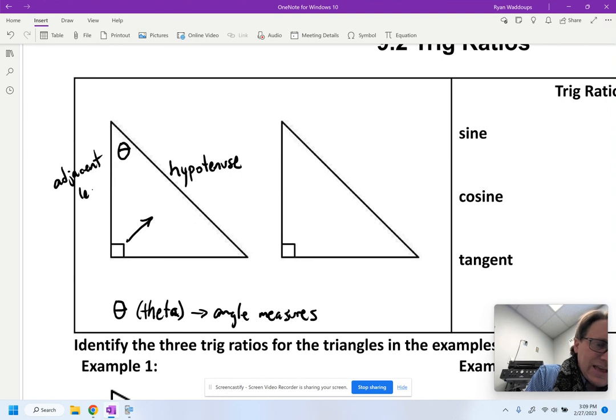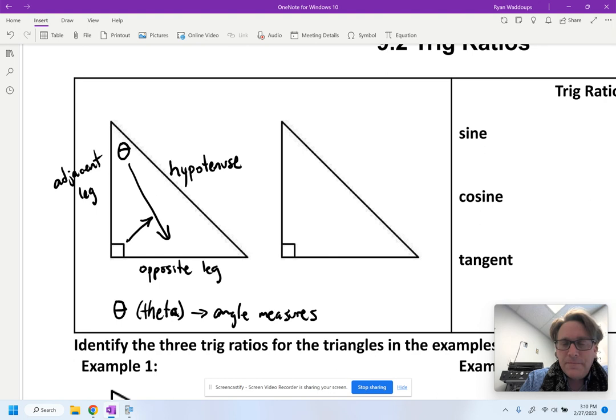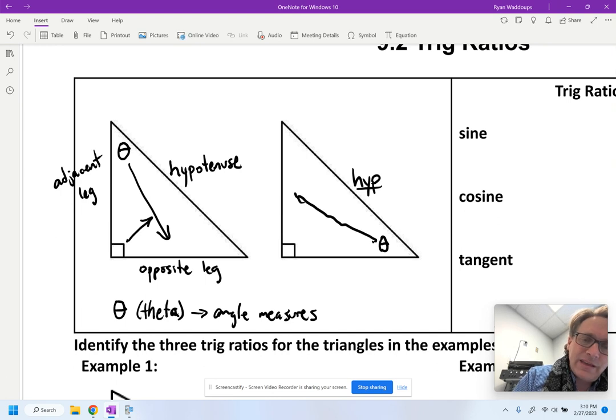So we have the adjacent leg, and then opposite that angle is the opposite leg. If I put theta down here, the hypotenuse does not change. It's still opposite the right angle. But the opposite leg is now over here. This is then the opposite leg, and right next to it is the adjacent leg.